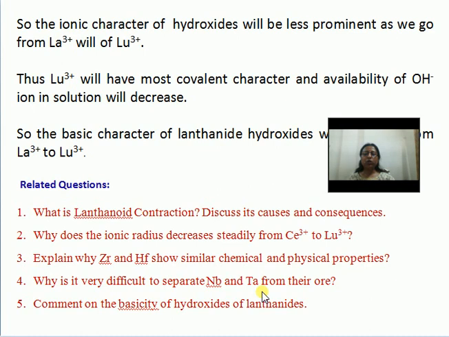So they will have similar physical and chemical properties because of lanthanide contraction, because their ionic size and atomic size will be nearly the same, and so it will be difficult to separate them from their ore. And now the last question is: comment on the basicity of the hydroxides of lanthanides. That also I have told you just now. So you will be able to answer all the questions.